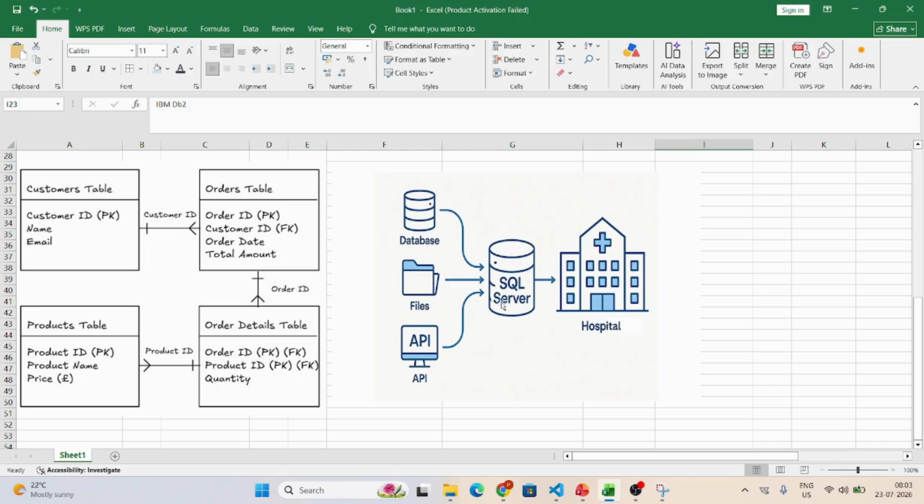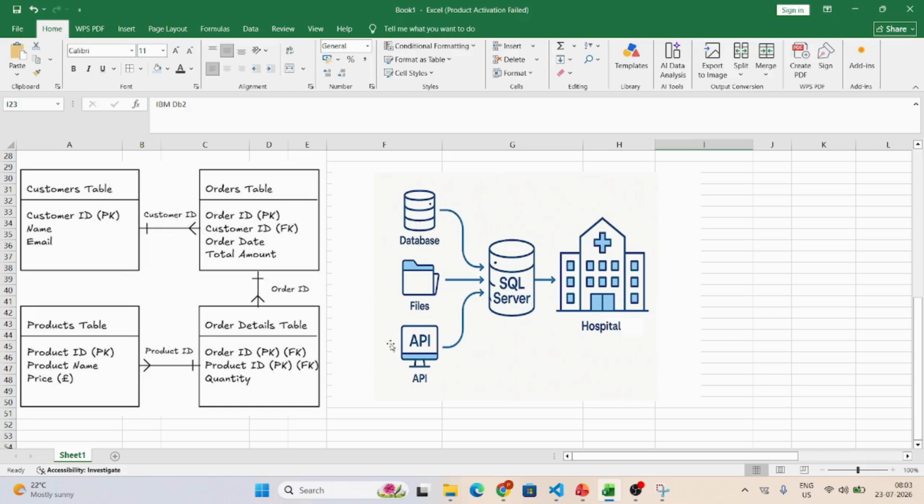Coming to another image, database files and application. Here we'll see a hospital. Big healthcare hospitals maintain healthcare and health-related data using SQL Server, database files, and applications. Any hospital has its own apps, and those apps maintain the data in databases on SQL servers like PostgreSQL, MS SQL, Oracle, or MariaDB.